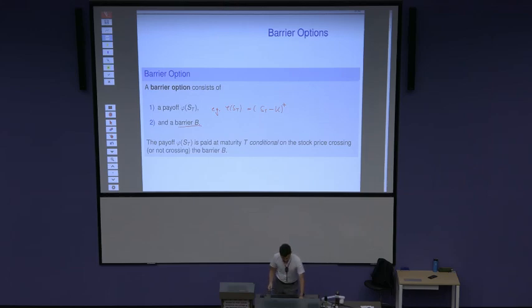Okay, so we specify in a second what this means, what the different constellations are that can happen, but in the end, everything happens conditional on whether we hit the barrier or we don't hit the barrier. And this makes the option path dependent, because this can happen at any time before maturity. At any time, you think of American options. It's not that complicated, because we can simplify this formulation a bit, as you will see later.